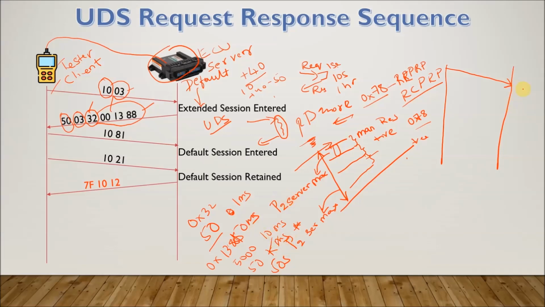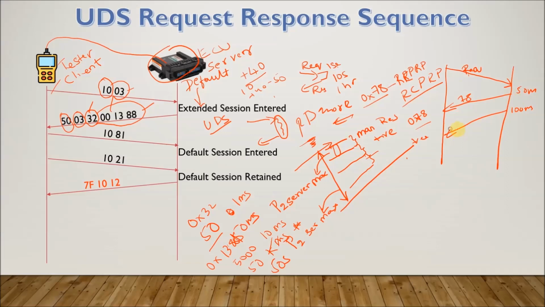So now let's say in our case a request has been sent for a UDS service, but it requires more time. Let's say 50 milliseconds has passed and the response is not yet ready, so it will send NRC 78. It is supposed to send NRC 78, otherwise the tester will think that the response has not come and will move on. 50 milliseconds has passed, so it has sent NRC 78. 100 milliseconds has passed, so again it requires more time to compute the positive response.